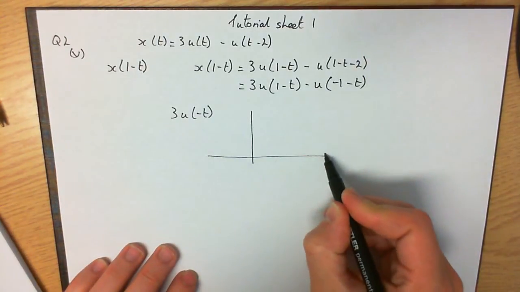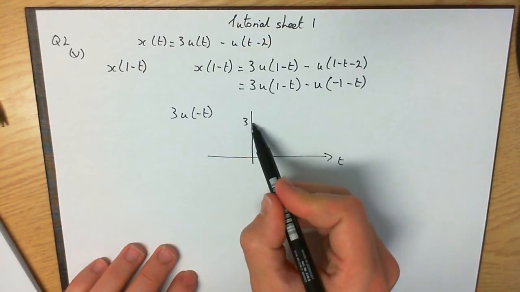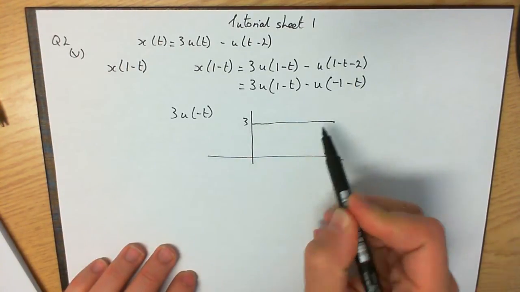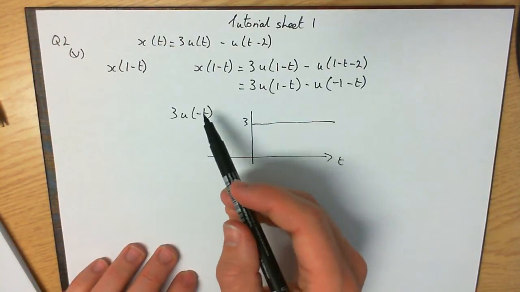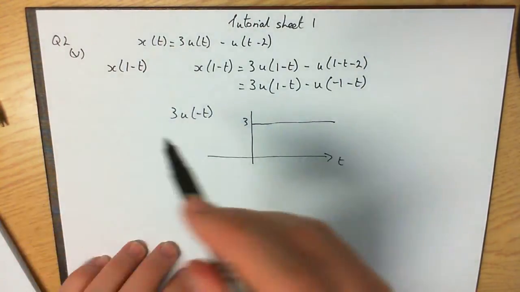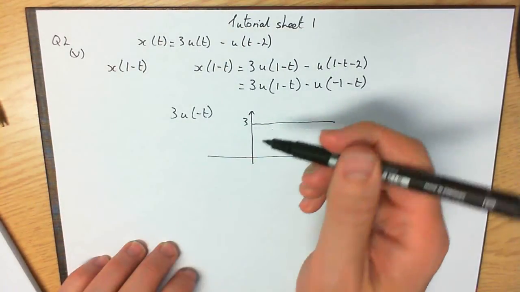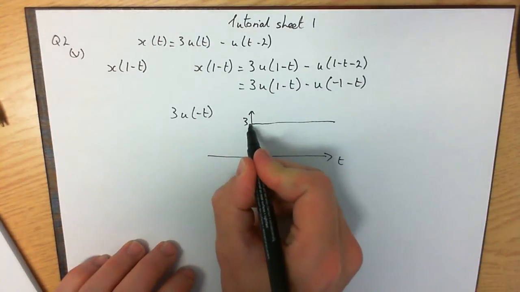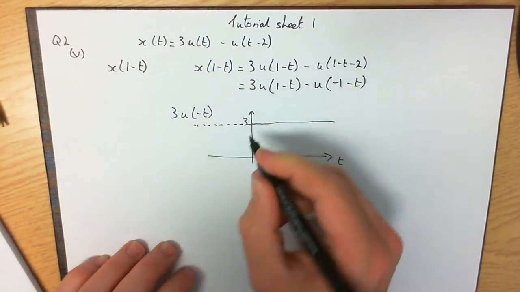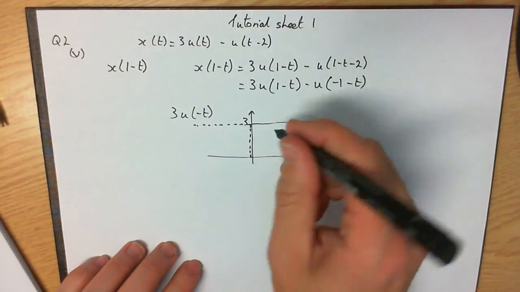If I draw a sketch of time and have 3u of t, it looks like that, as we know. So 3u of minus t is just if we flip that about x equals 0. So in other words, we're going to get something that looks like that. So it's just a flipped version.